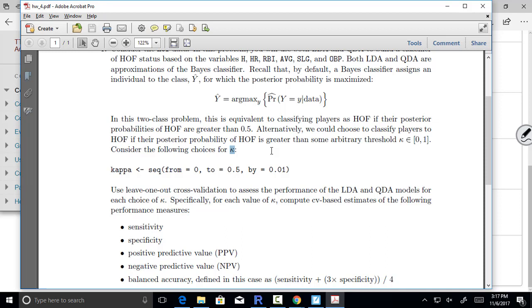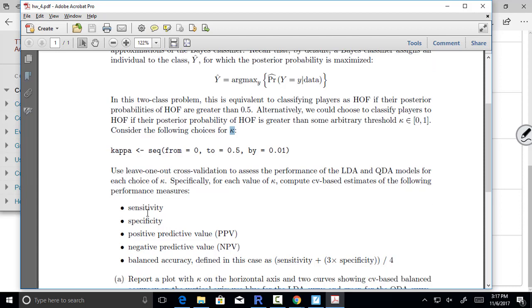Whatever you choose, whatever that threshold is, you're going to have a corresponding set of accuracies. And so what I want you to do in this problem is consider a variety of choices for this threshold and pick the threshold to use for your classifier, the one that strikes the best balance between error rates.